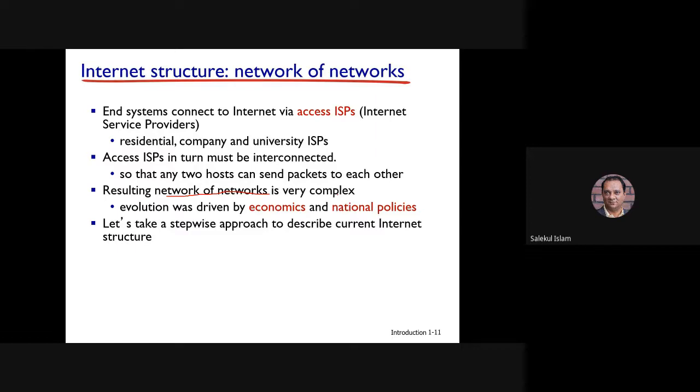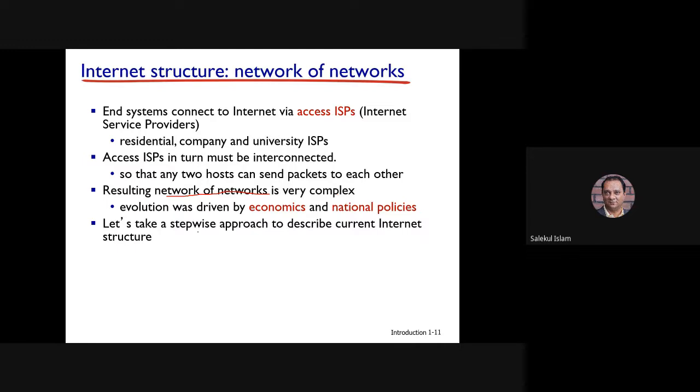For example, the mobile phone network, at the beginning it was never connected with the internet, but then people had the idea, okay, we can connect our mobile phone with the internet, and only then with the advancement of the technology of the mobile networks we can send data, that means we can use data using our mobile phones.